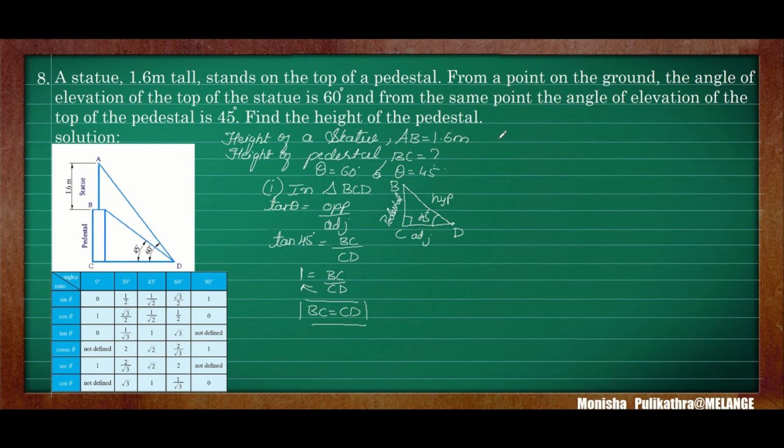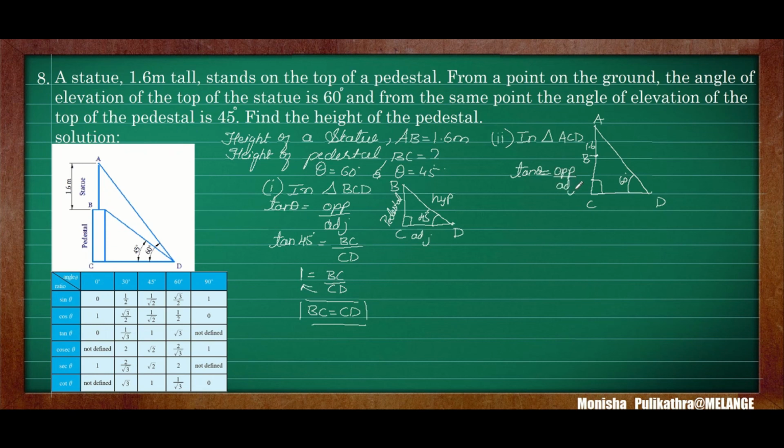Next, moving on to the second section, triangle ACD. Here CD and BC are equal, whereas the value of AB is given as 1.6. Again we take the tan value: tan theta is equal to opposite side by adjacent side.